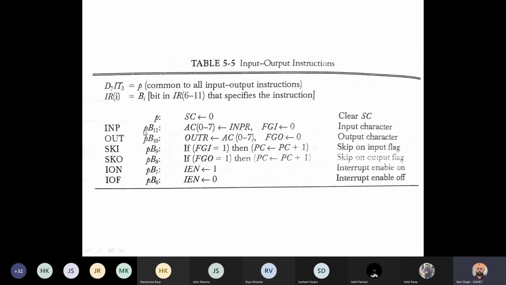They are executed if P is true, and further bits B6 to B11 decide which of these 6 instructions will be executed by the microprocessor.